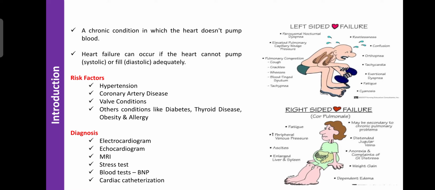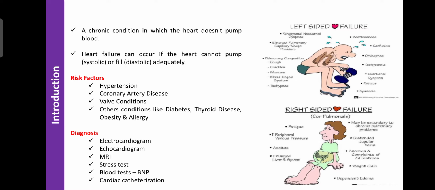And regarding right sided failure, fatigue occurs, as well as enlarged liver and spleen, and the person suffers from GIT disorder, because when the right side fails, they do not get the blood sufficiently due to the failure. If it pumps, then only the blood can be filled, then only the blood vessels can carry it.